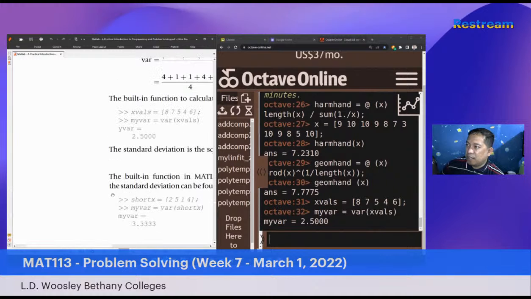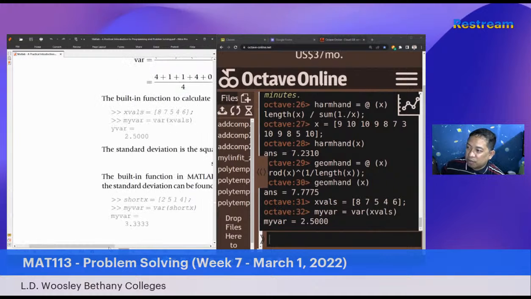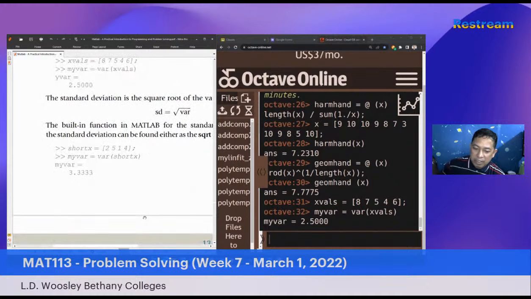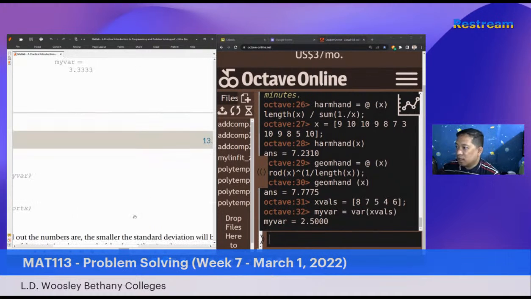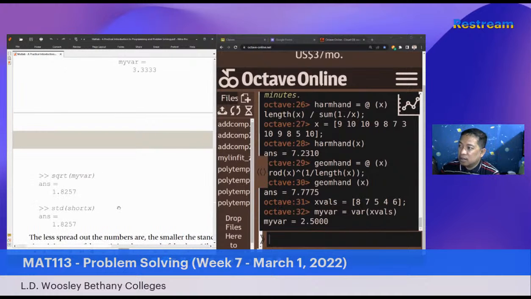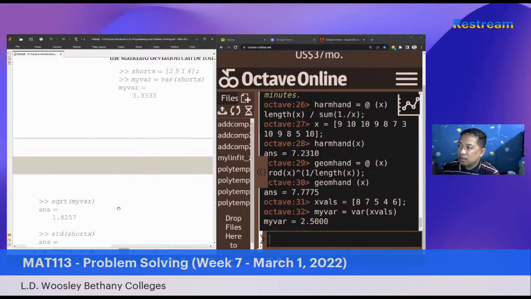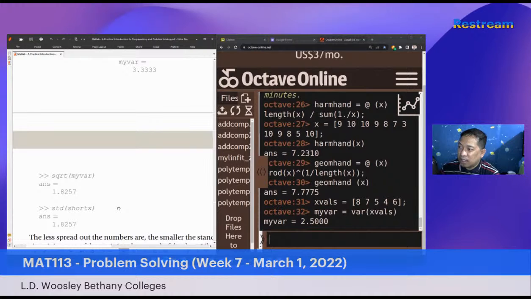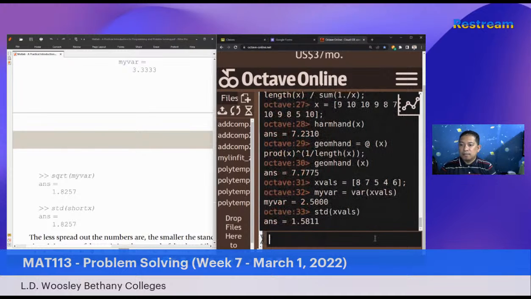Of course, for standard deviation, it's just the square root of the variance. So pwede natin siyang sundan. You could assign a particular value called std, the square root of myvar. So pwede yan or std of xvals. Yan.